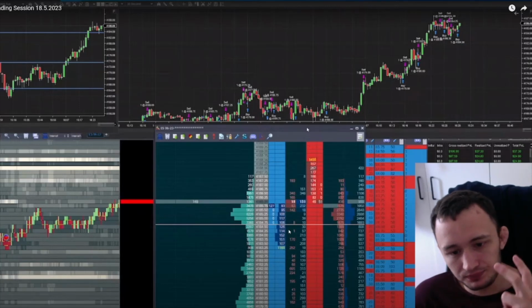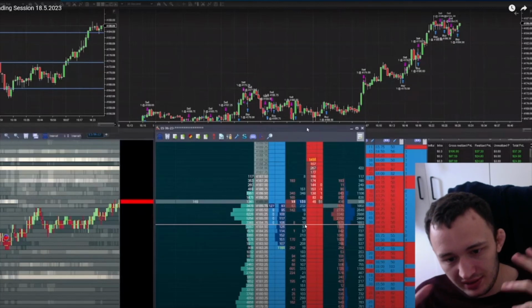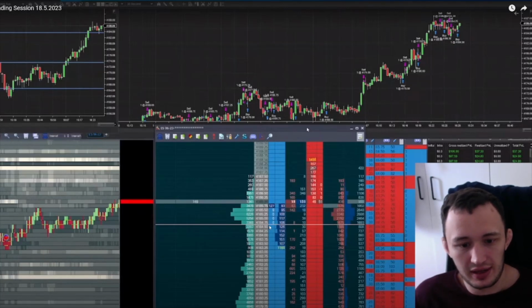You also got to remember all the time where are the other people's positions. Where did they buy, where did they sell, try to get a feel for that. So earlier in the 84s, where I sold as well, a lot of people sold. Here we did see in the 84s a lot of people sell into this limit buyer.